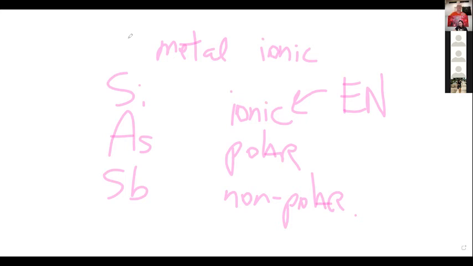Just like everything, it gets a little more complicated if you look at it more closely, but for now all we have to worry about is that if there's a metal in it, it's going to be ionic, because that means there's going to be a charge. Metals give away electrons and non-metals take them. That means it's going to be a charged compound, an ionic compound.